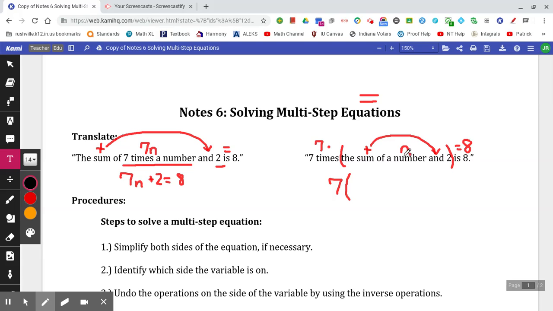The sum of a number, so I'm taking n, and then the sum of it with 2. So the sum of n and 2 is 8. All right, so very similar equations, just the order was slightly different, which means the order of operations that we have for our two equations are slightly different.